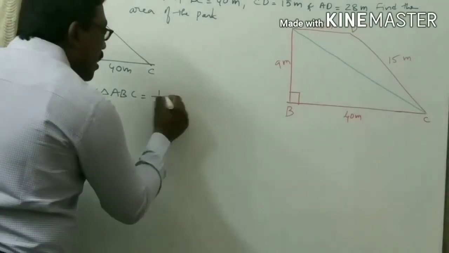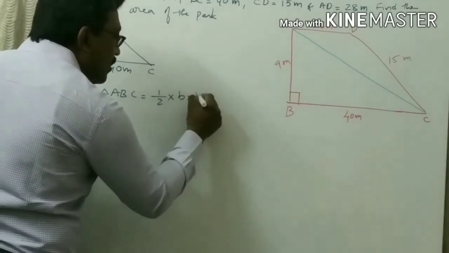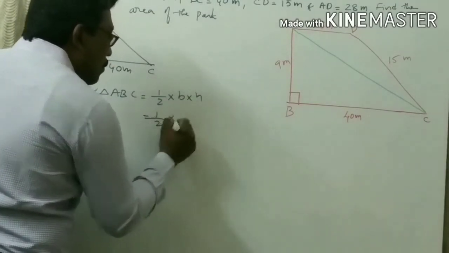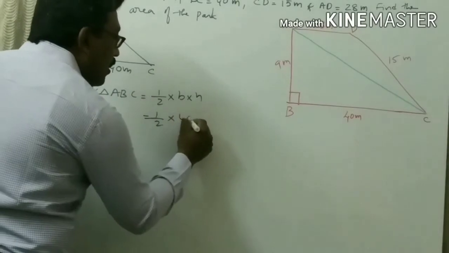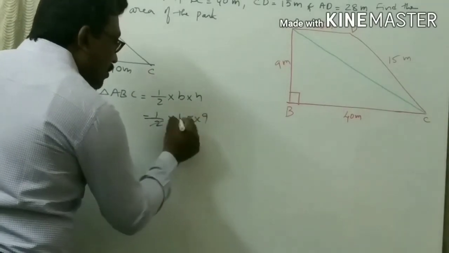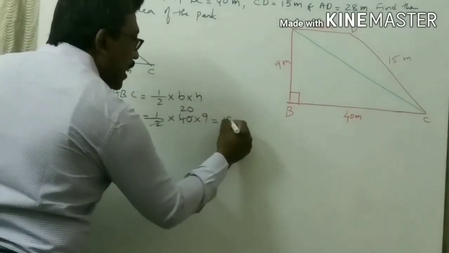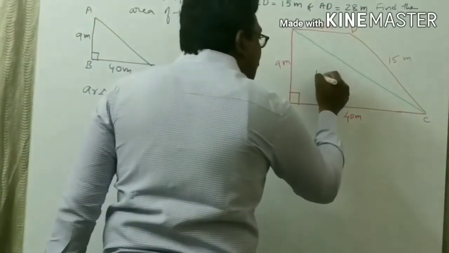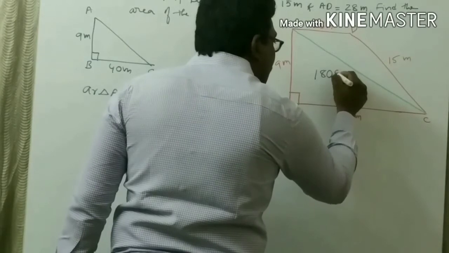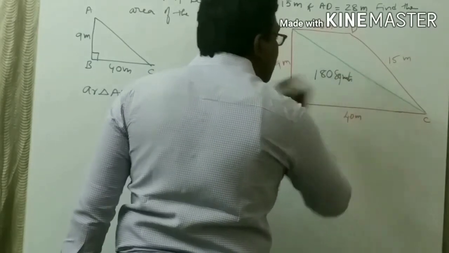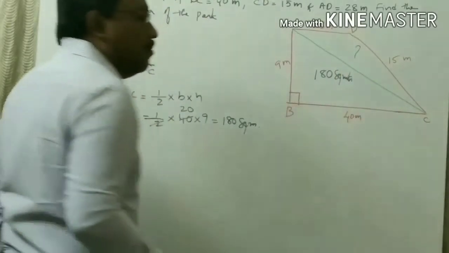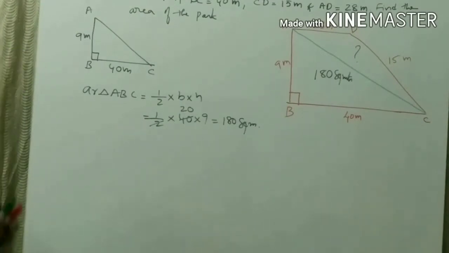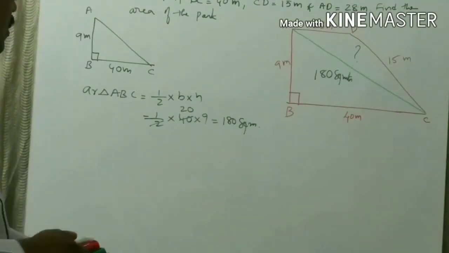What is the answer? Half base into height. Half base is 40 by 2, that is 20, height is 9, 20 times 9 is 180 square meters. This area is 180 square meters. This area is how much? If you find that area, of course, your sum is completed.